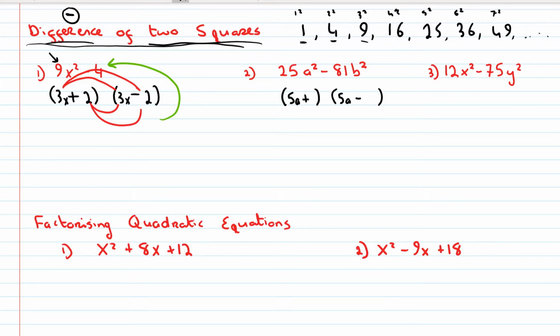Okay, so 5a by 5a is 25a squared, and a minus, and 81 then is 9b. 9b. Again, if I multiply this by this, and this by this, and this by this, and this by this, I will get back to this.